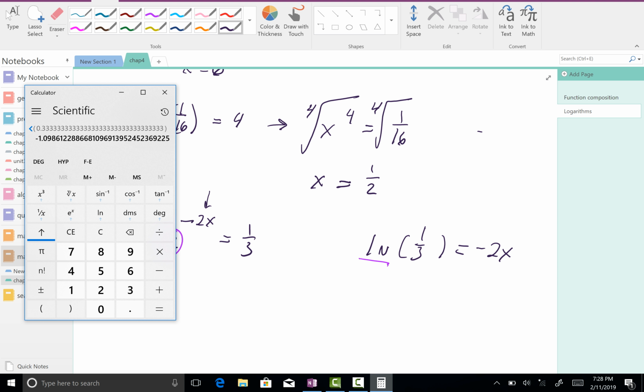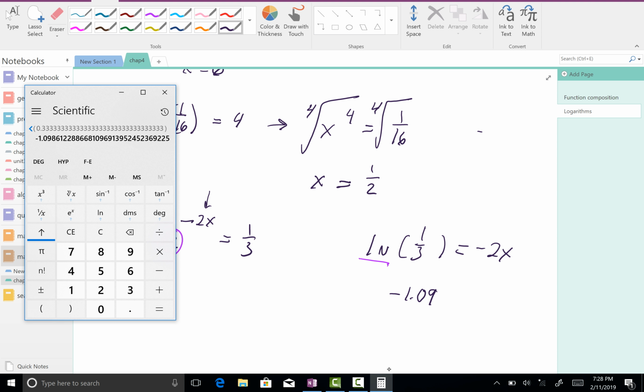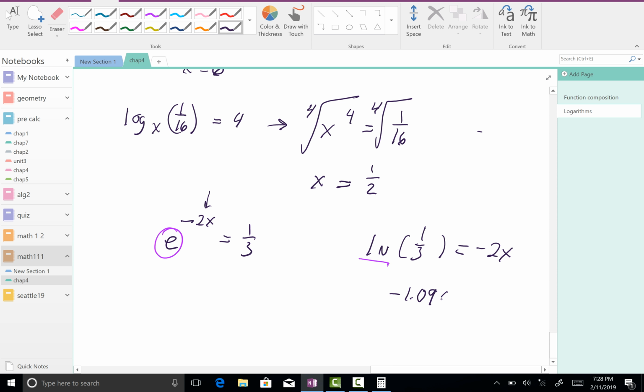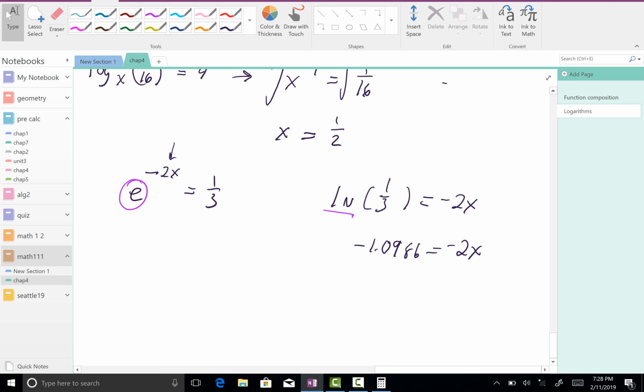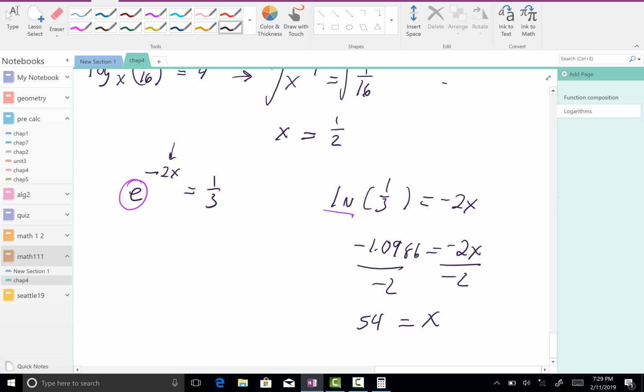There it is. Mine says -1.0986 is equal to -2x. Divide by -2. So it's just 0.54, right? Okay.